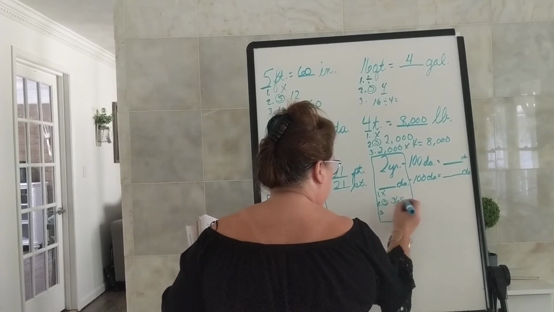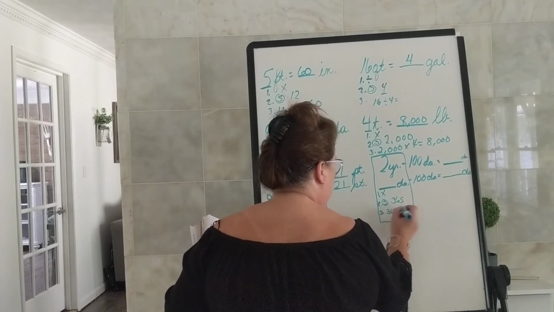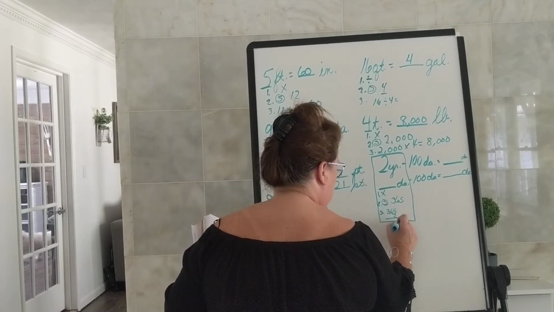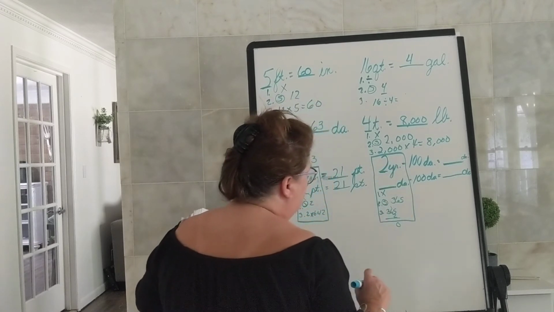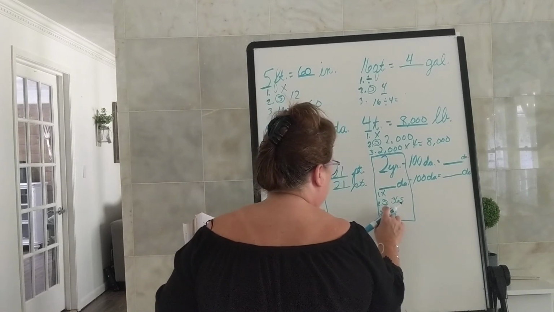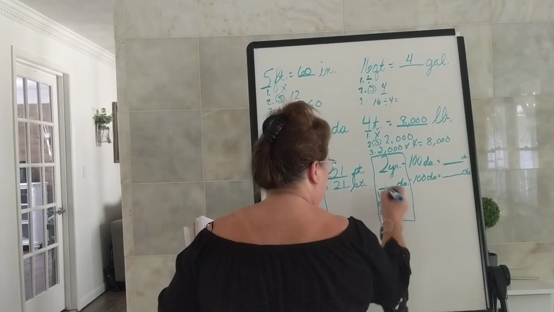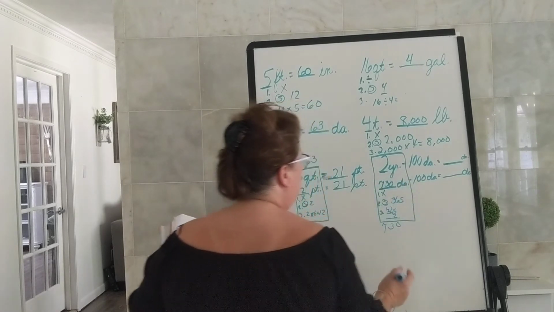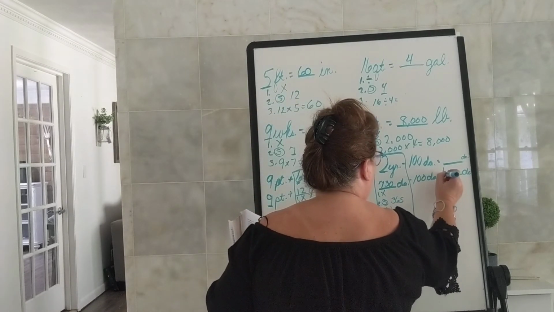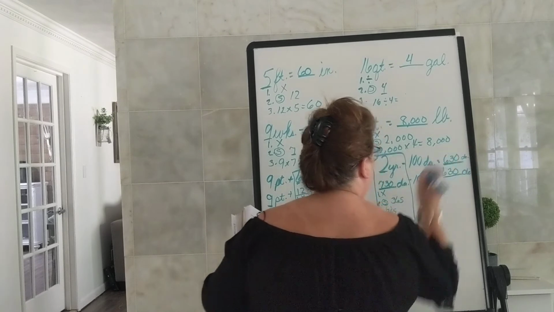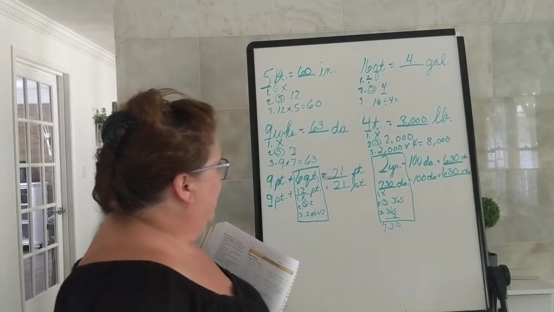And then we're going to multiply 365 times our given number 2. 5 times 2 is 10, put 0 down, carry the 1. 6 times 2 is 12, plus 1 is 13, put 3 down, carry the 1. 3 times 2 is 6, plus 1 is 7. So we have 730 days minus 100 days equals 630 days. And that is our answer.